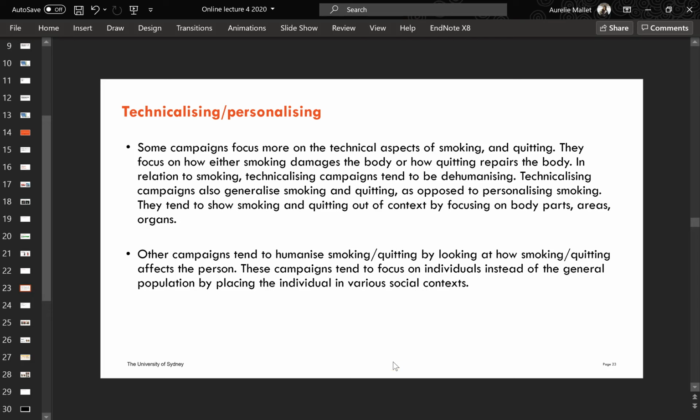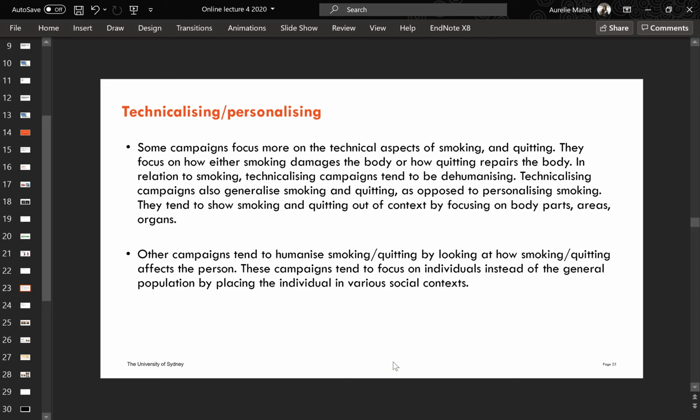They're quite dehumanizing, so we don't really focus on the whole person, but on parts of the person. This is quite different to personalizing campaigns, which tend to be more humanizing, and look at how smoking or quitting affects the whole person as opposed to individual body parts.